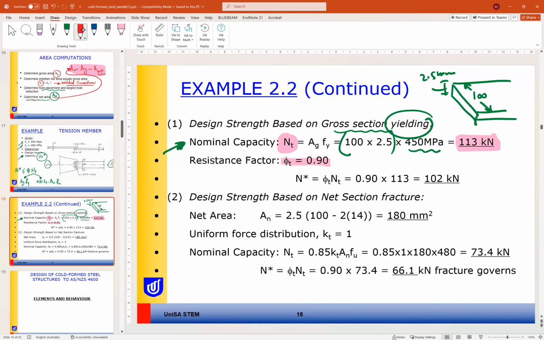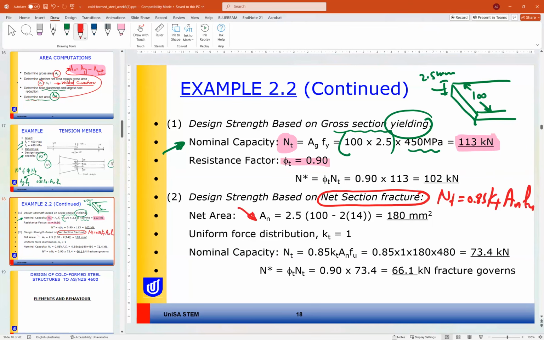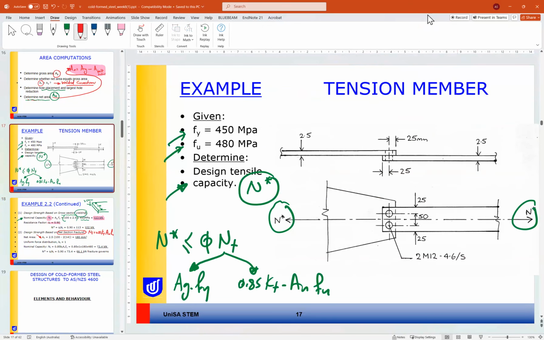The second capacity is section fracture or net section fracture. So we have NT equal to 0.85 KT AN F ultimate. So we need area net. If we look at the example here, we have two bolts, M12. If the bolt is M12, how much is the hole?